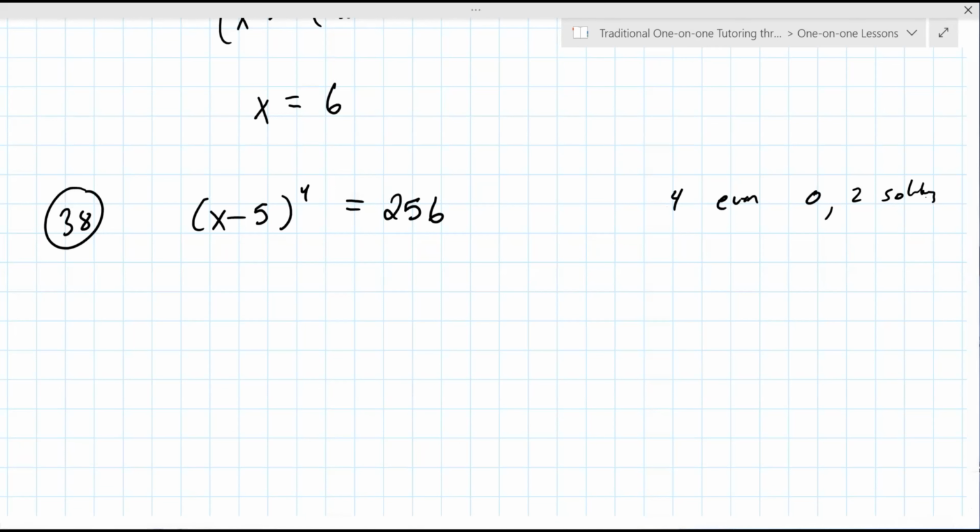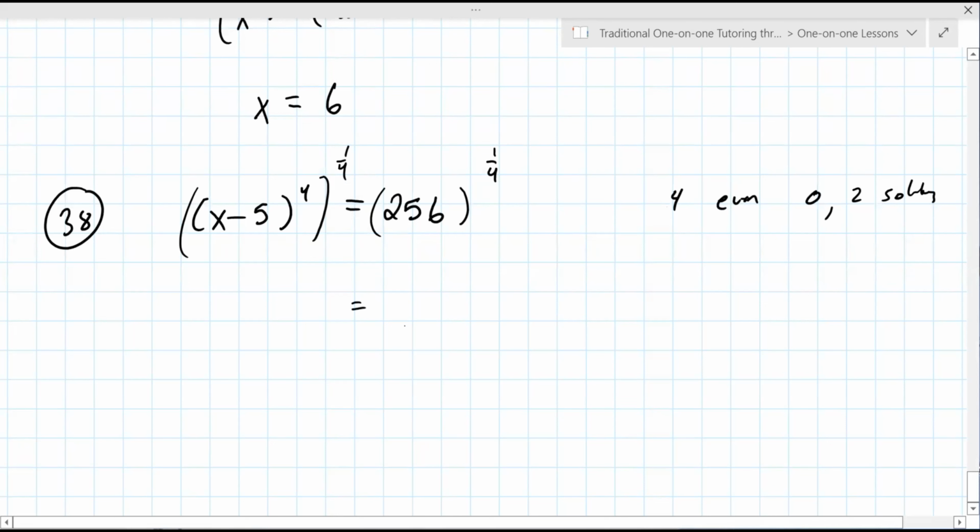Okay, so we're going to undo it by raising both sides to the 1/4 power. Now this is where, if you grab your calculator and you get a 4, you're only getting half the answer, because it's also −4 because of this even power.